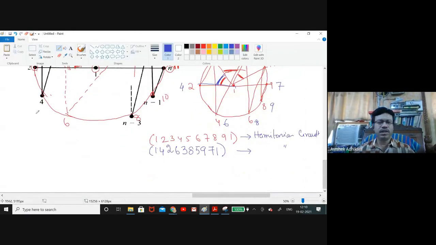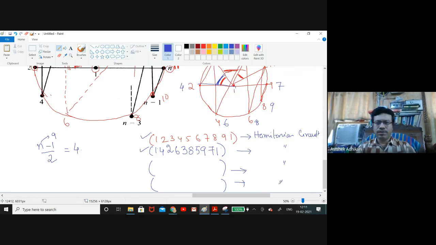So you can understand that there will be n minus 1 by 2 many such path disjoint Hamiltonian circuits, and that will be basically 4 for n equal to 9. That's why I have already given you two of them. So you need to give me the remaining two more Hamiltonian circuits so that you can easily calculate.